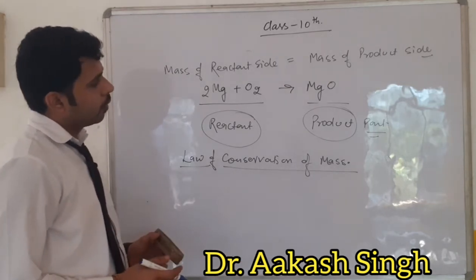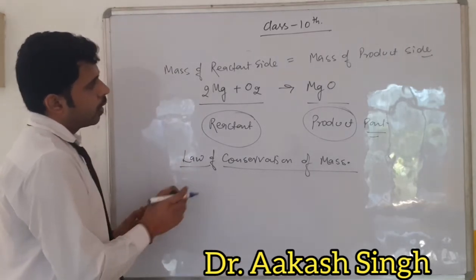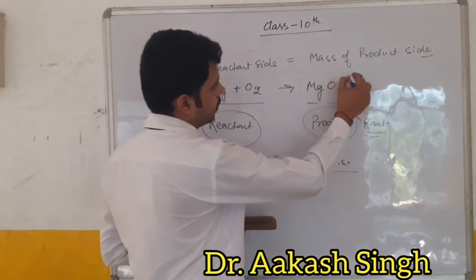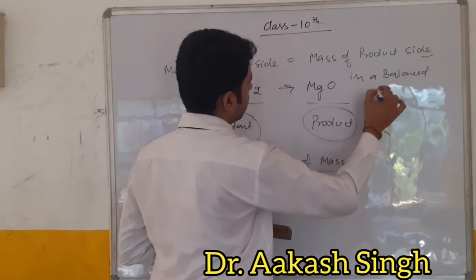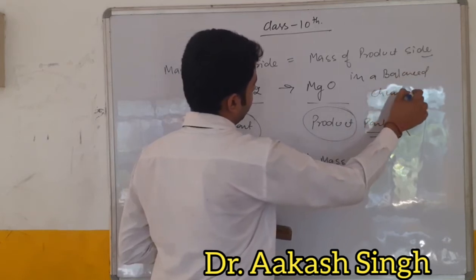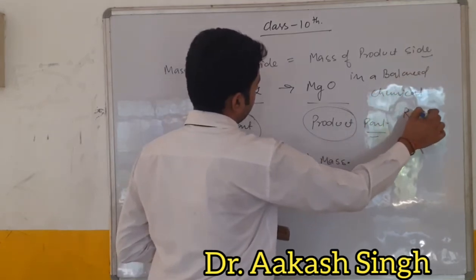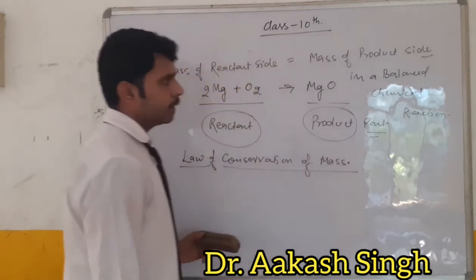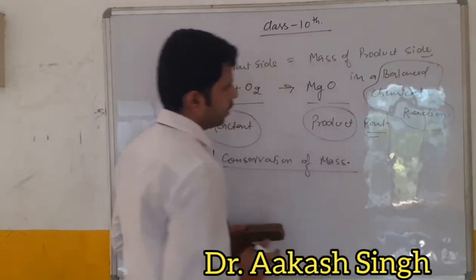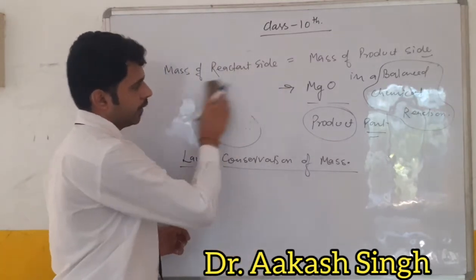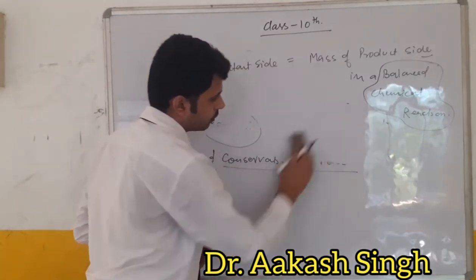So, in a balanced chemical reaction, now there is a new term, that is balanced chemical reaction. How do we know that a chemical reaction is balanced or not?